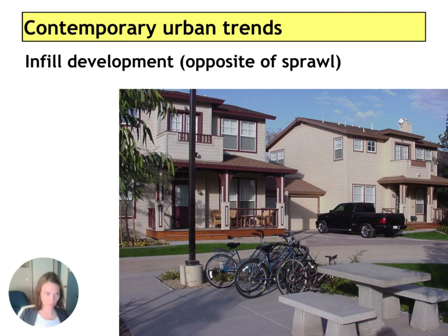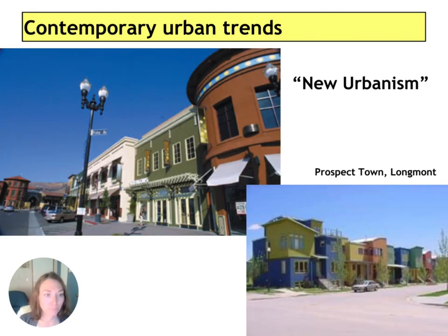Some of the contemporary urban trends, you might hear it called new urbanism, things like that. We have infill development, which can go along with gentrification. So basically, we're going to have these buildings redeveloped. The idea is to increase density back near the city core. New urbanism, think of these as being the opposite.